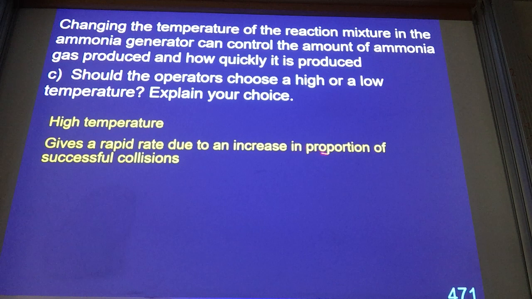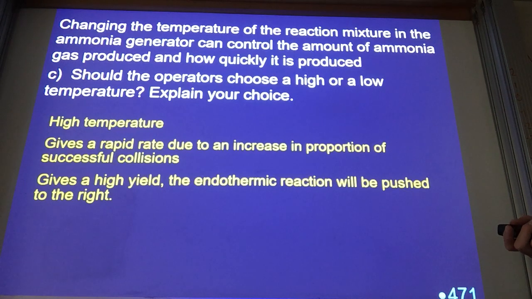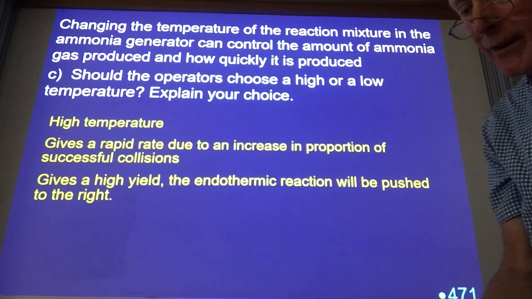You know, you've got to give the proper temperature effect on rate, and then high yield because it's an endothermic reaction. Again, the way the question's set up is a little different, and it throws people when they see that question, but really, if you drill down, it is a fairly straightforward question.